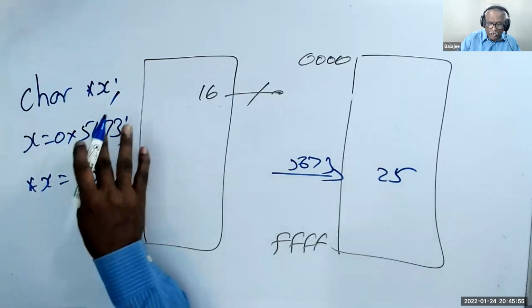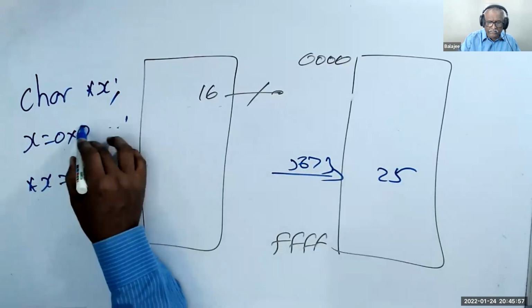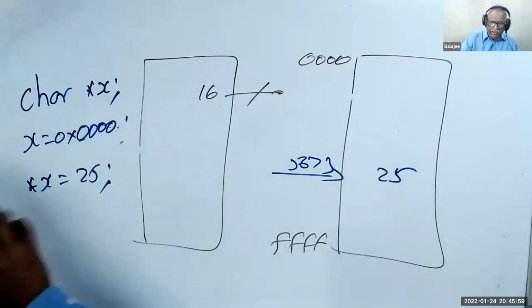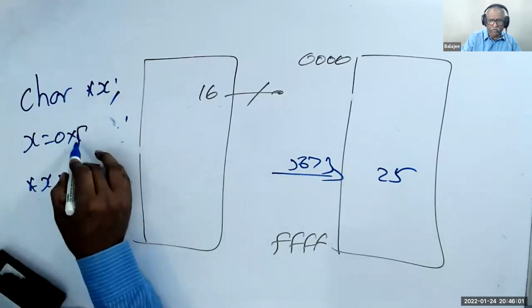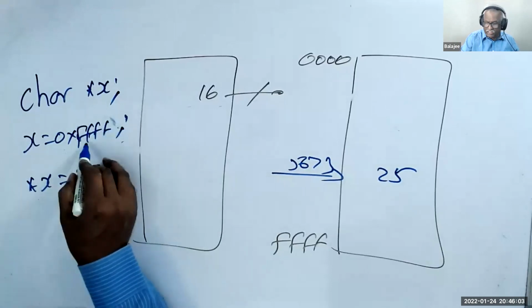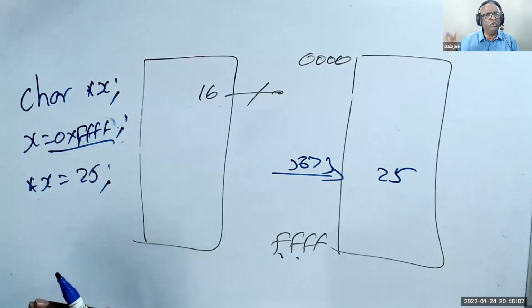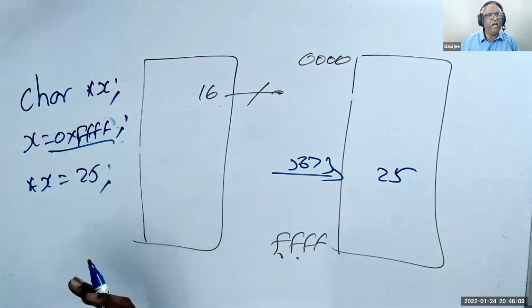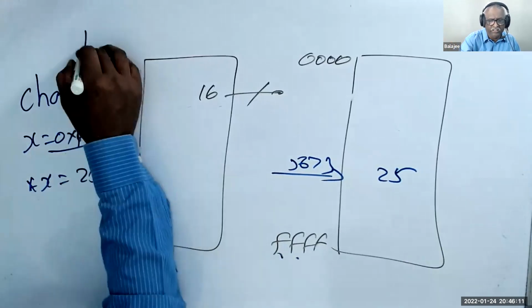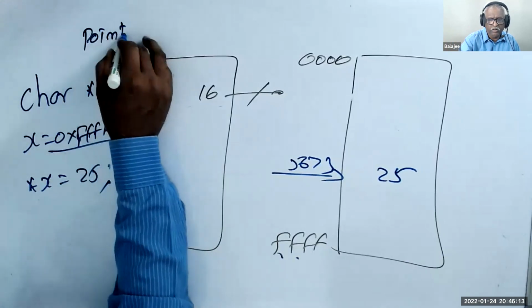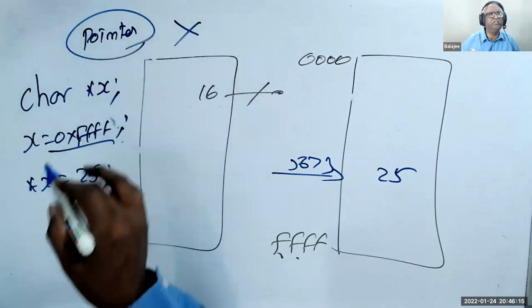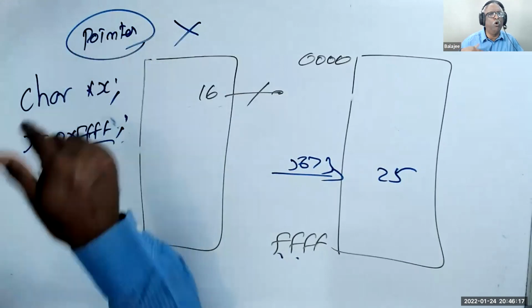That means you can change from 000 to FFF. You can write anywhere as you wish. This is not possible for the software people. That's why people in college everywhere have told you that pointers are difficult. The reason they say pointers are tough is that this is not possible above the OS.